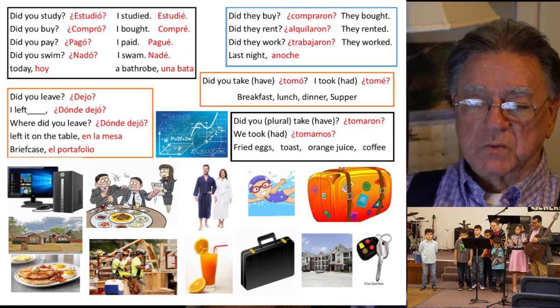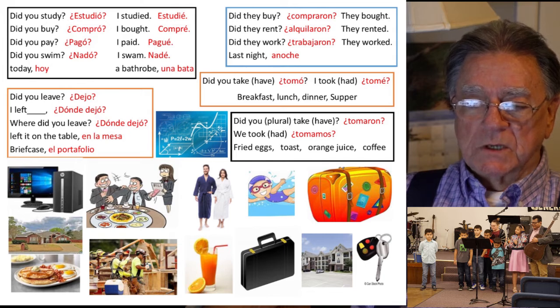And if there's more than one key, I left them on the table to make the plural of the key. There's more than one key. I left them on the table. I left it on the table. I left the key on the table. We changed leave.